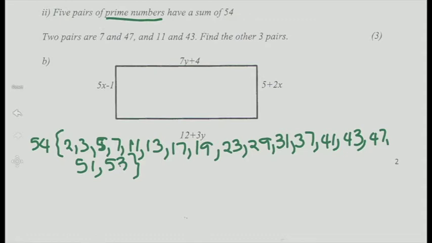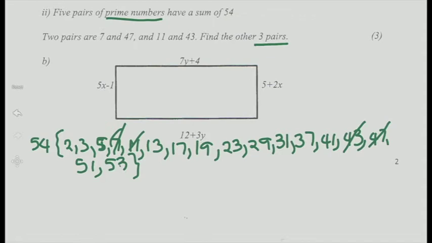So we have these two pairs, 7 plus 47, so we cancel out this 7 plus 47. We also have 11 and 43. We have to find the other three, which when we add them, the answer will be 54.